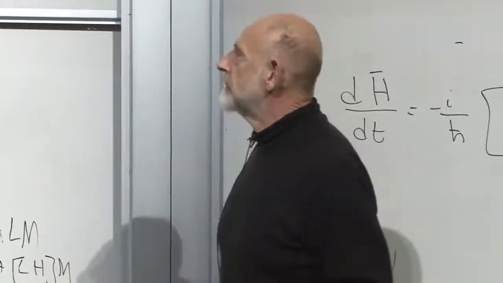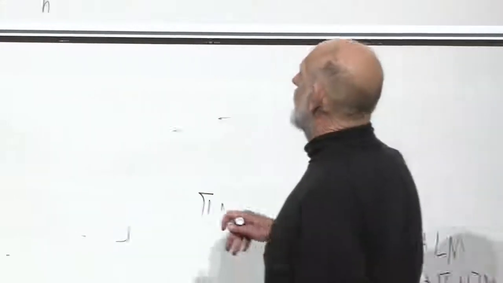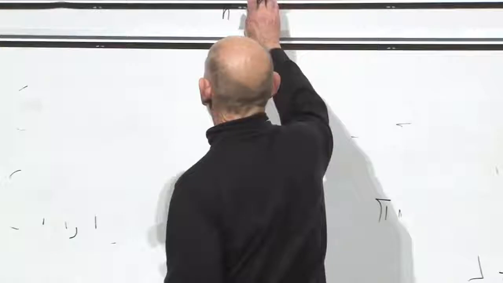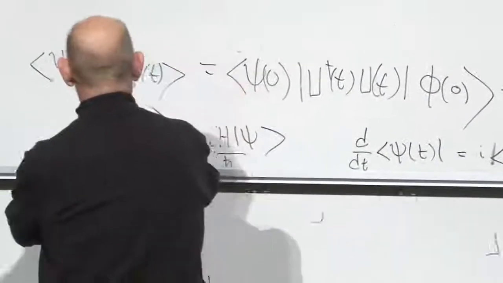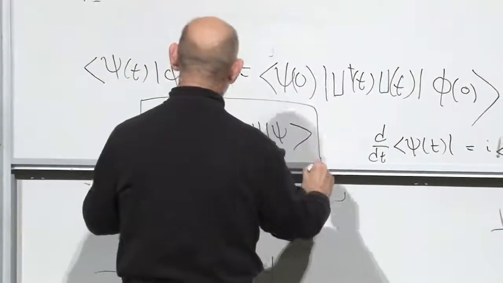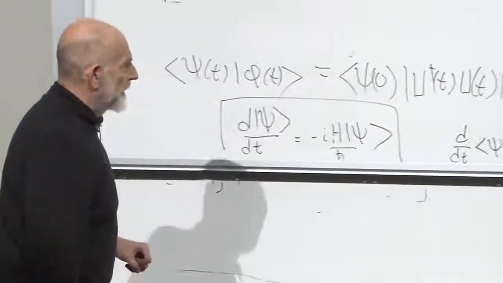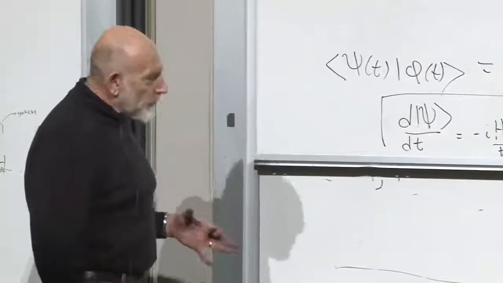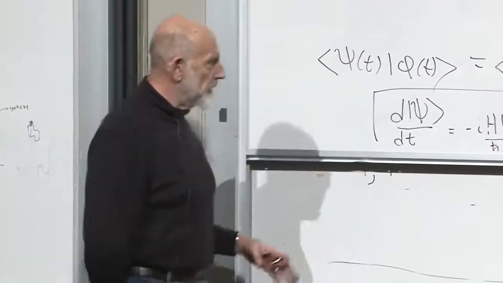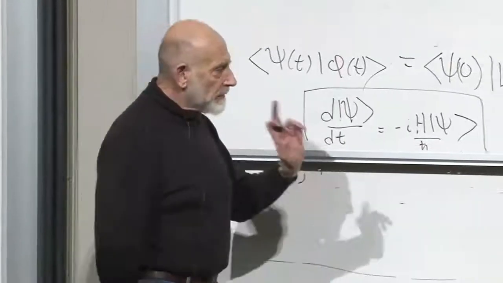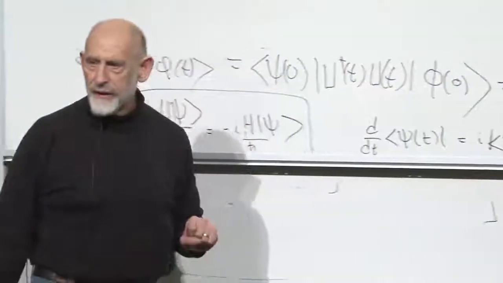So over here you wrote down the Schrodinger equation. Yes. And then you wrote down how did you go from the left-hand equation to the right-hand equation? Was that complex conjugation or Hermitian conjugation? Hermitian conjugation. But remember that H is Hermitian. We proved that.